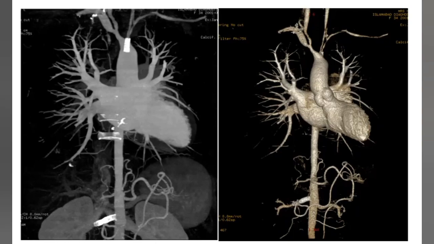At the level of the brachiocephalic trunk, there is a dilatation of the right subclavian artery with a few calcifications noted in the coronal reformatted image, while the left subclavian artery appears to be normal in caliber. So there is asymmetry in the caliber between the right and left subclavian arteries.